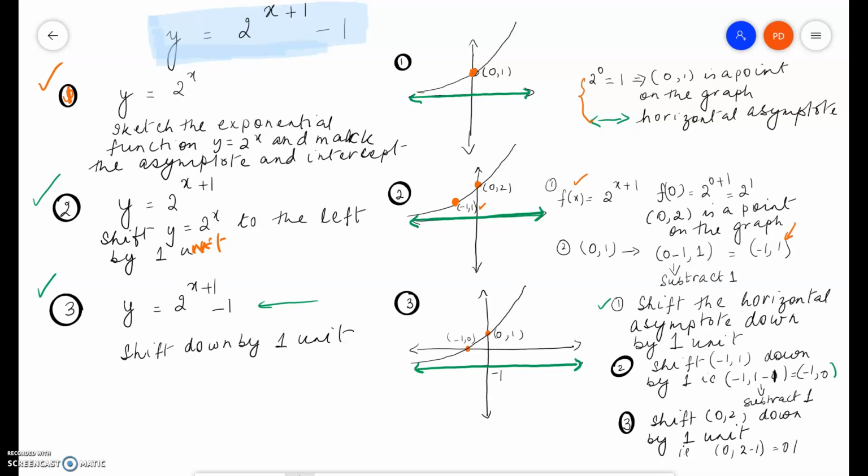And 0, 2, that was another point on the graph, shifts down by 1 unit. So it becomes 0, comma 2 minus 1, which is 0, comma 1. We mark both the points on the graph and sketch the graph based on the horizontal asymptote, which is in green.